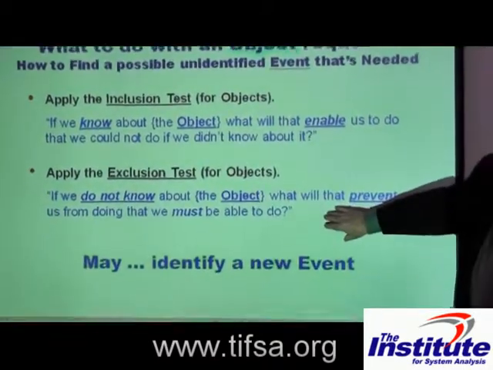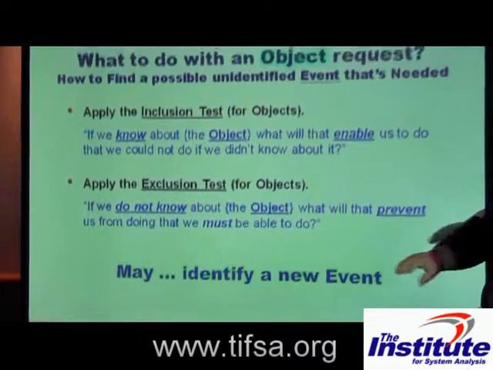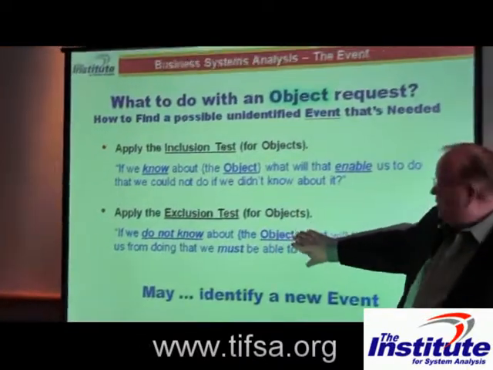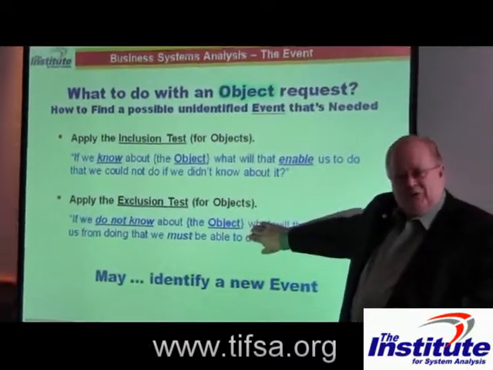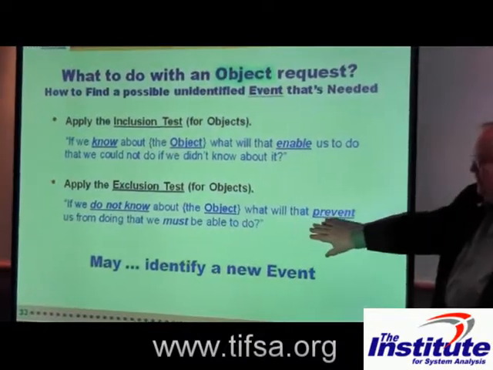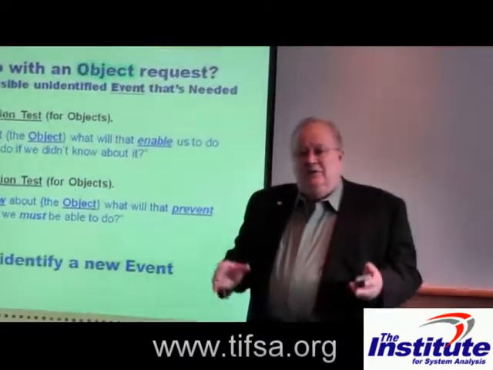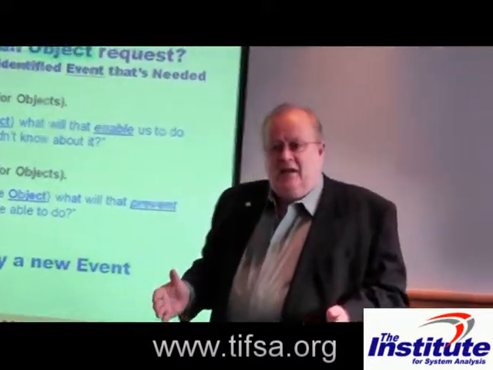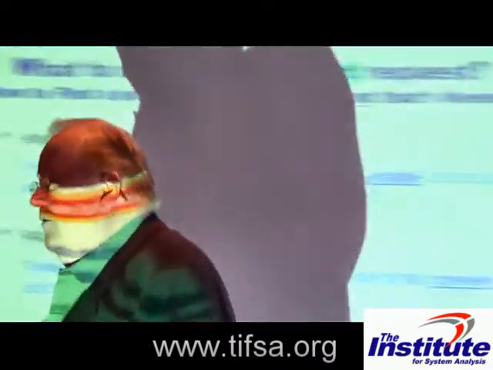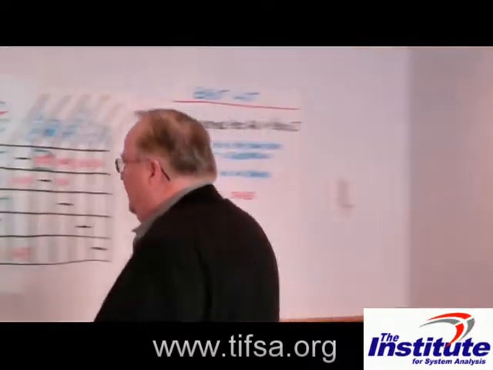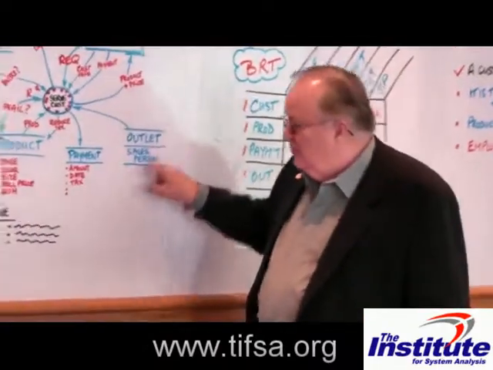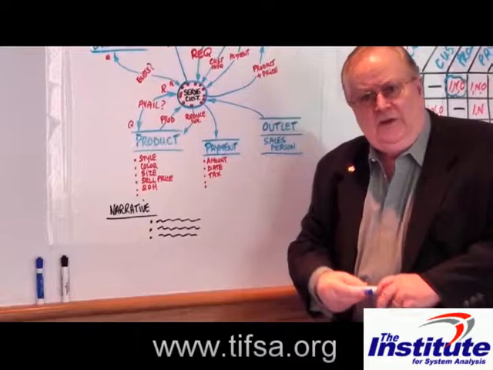Or from the other perspective, coming at it from the other side, if we don't know who the salesperson is who served the customer, what would it prevent us from doing that we have to be able to do? And the subject matter expert might say, well, we need to know the salesperson because we have to be able to figure out the commissions. So if we go over here again, we can then add salesperson as an object if it wasn't there to start with.